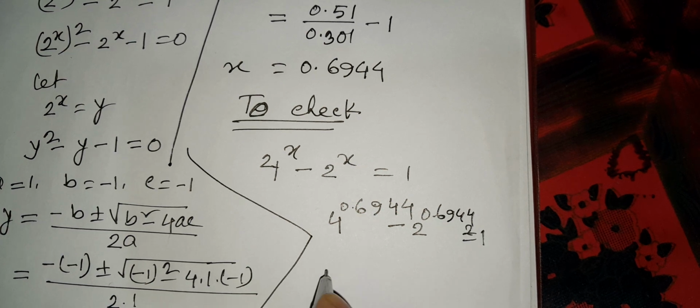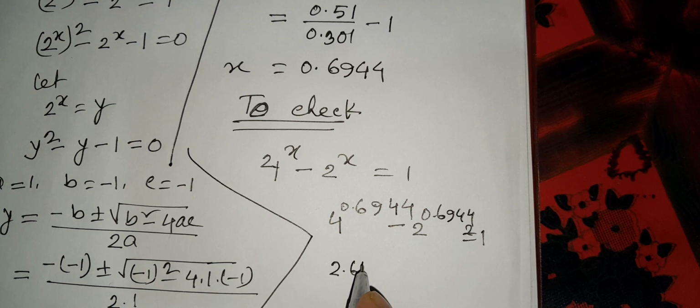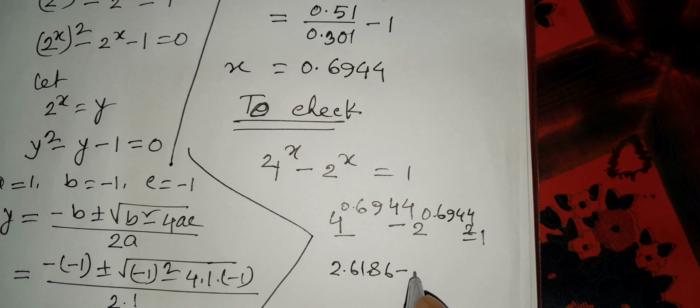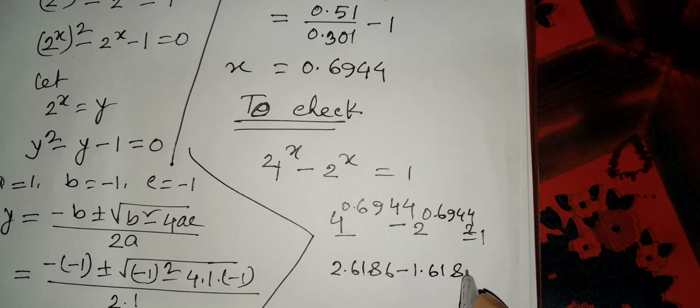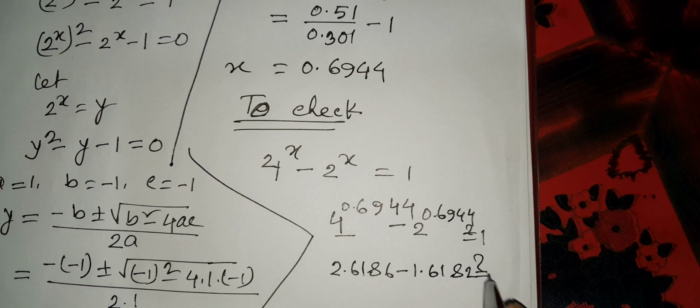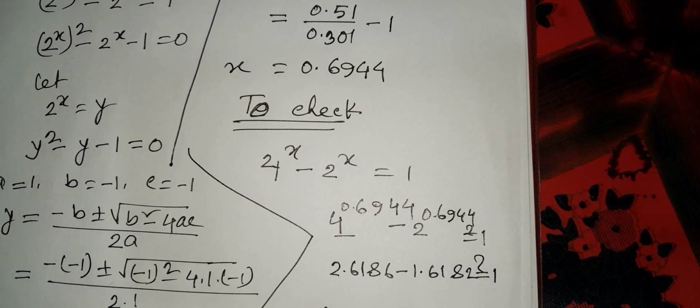Here we can write 2.6186 and 1.6182, equal to 1.